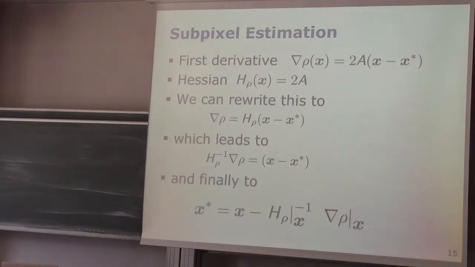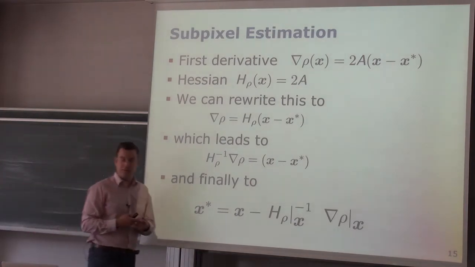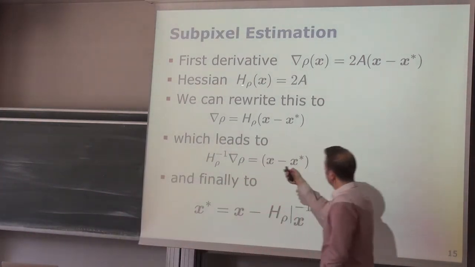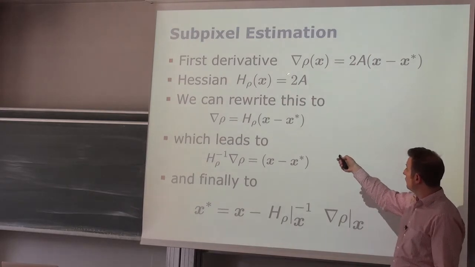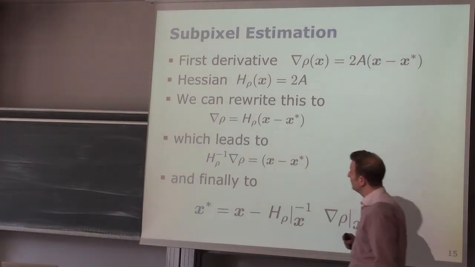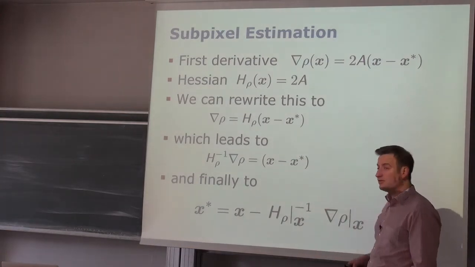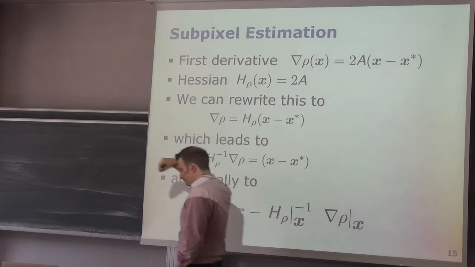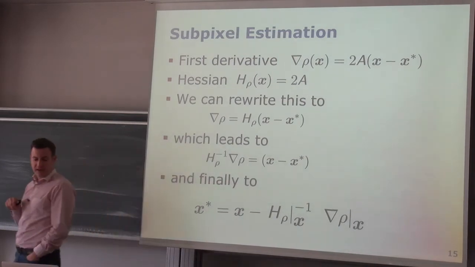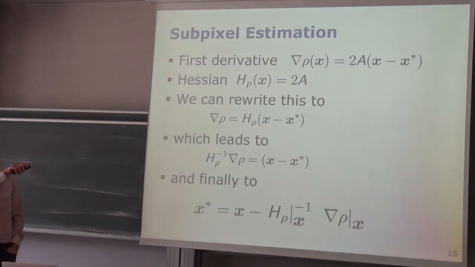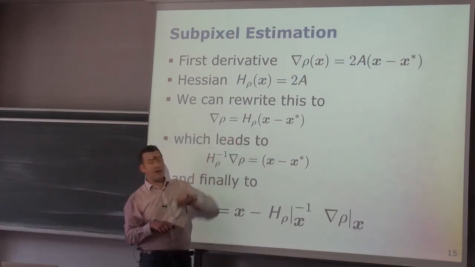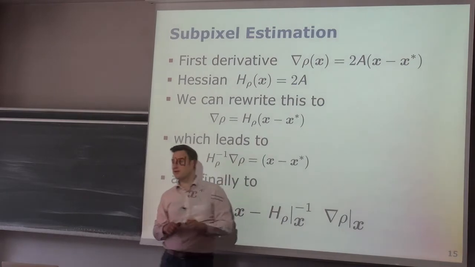Okay, so we have our first derivative, and now we can actually compute the Hessian of the function. If we do that, we can see that it is simply 2A. So this is the Hessian evaluated at the current best estimate that we have. We can plug it into this function over here. So we can rewrite this as: the gradient, or first derivative, of my function rho is the Hessian times x minus x star.